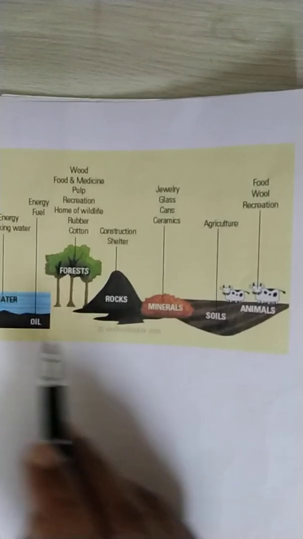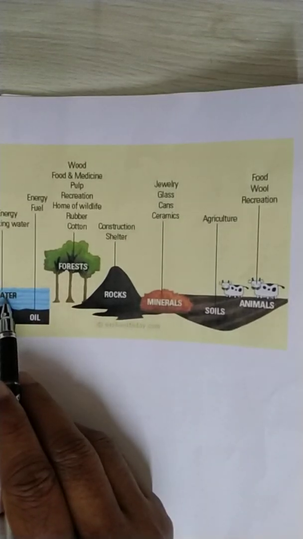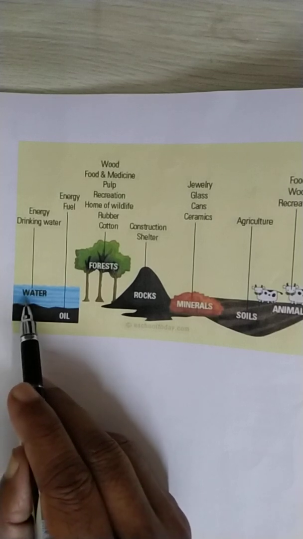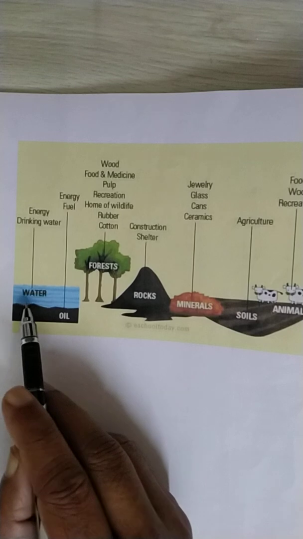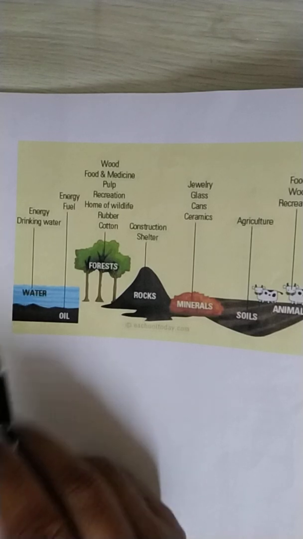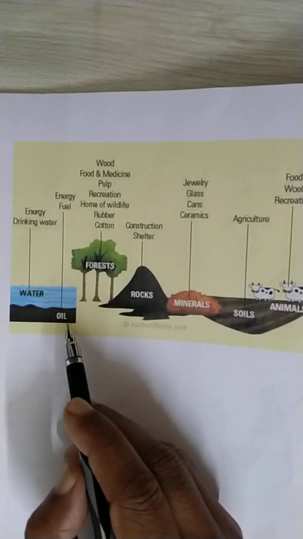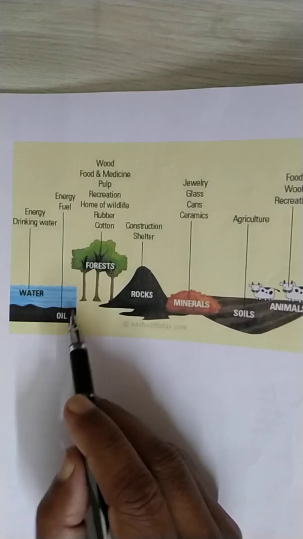Now, we drink water, and we also generate electricity. We also generate hydropower energy from water. We also use crude oil as fuel, and also to make various things such as synthetic plastic, wax, and so many things.